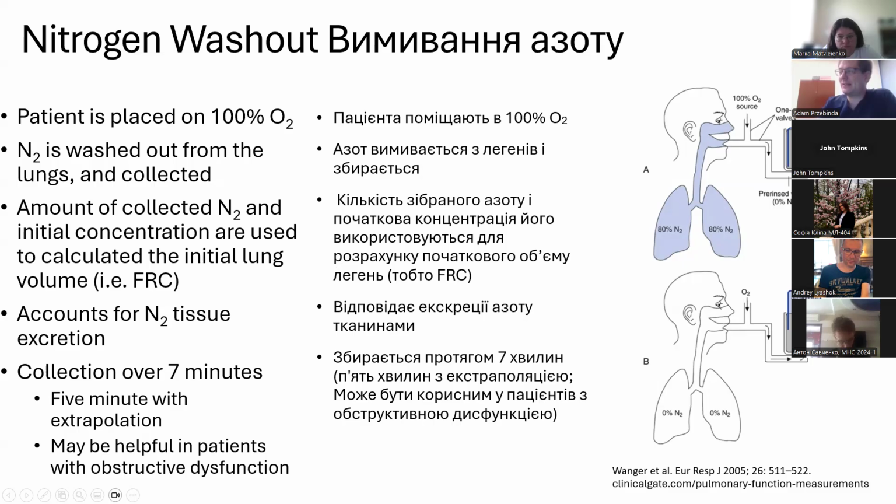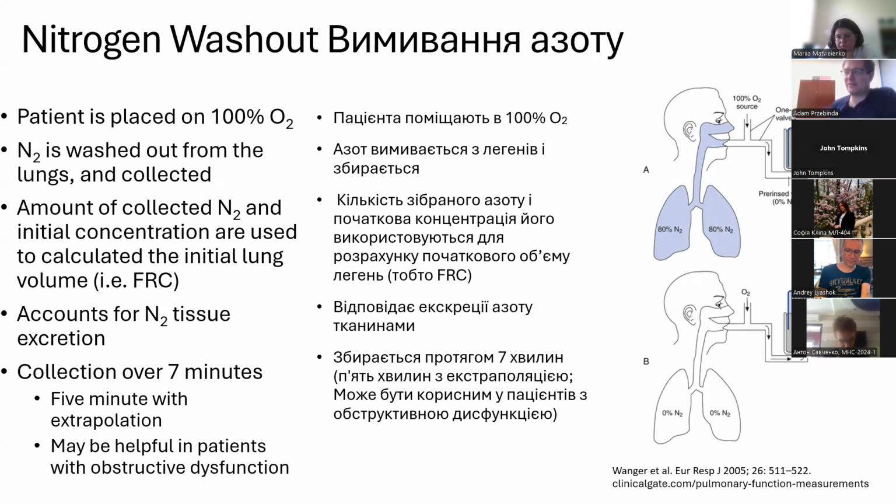But basically, you have to figure out a way to determine how much nitrogen actually came out. This procedure is done over a period of 7 minutes or 5 minutes, and then you could extrapolate. And it's helpful. It's probably easier to do because you just breathe in and out.